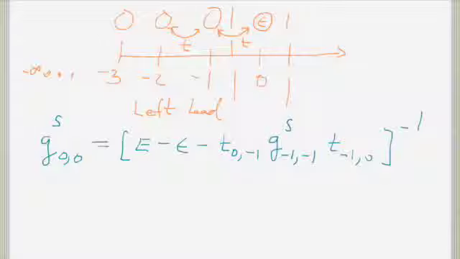Since my device is one node connected to a semi-infinite lead, it's also a surface Green's function, because there's nothing to the right, it's a surface, right?